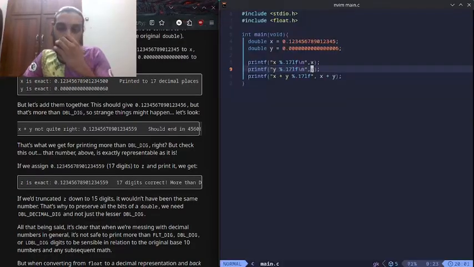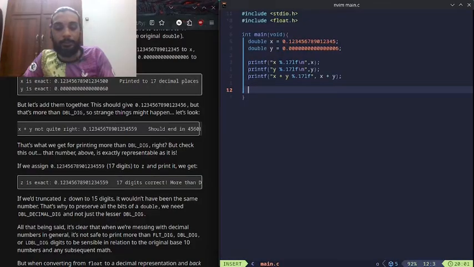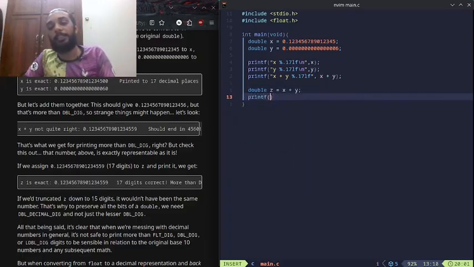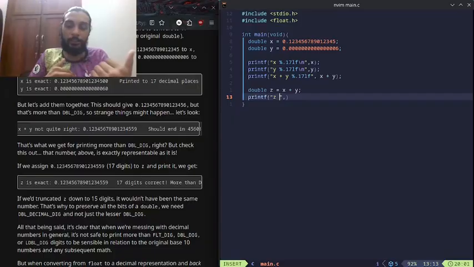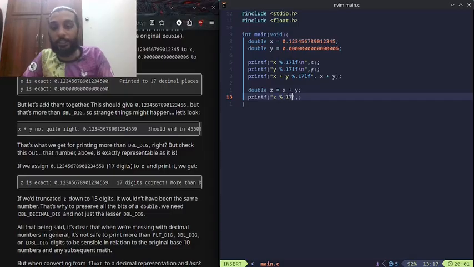But if I did something like double z is equal to x plus y, the funny thing is, it actually preserves the decimal digits when it comes to decimal, right? It does preserve it, it doesn't go away. Why is this %.17f z? Okay, cool.